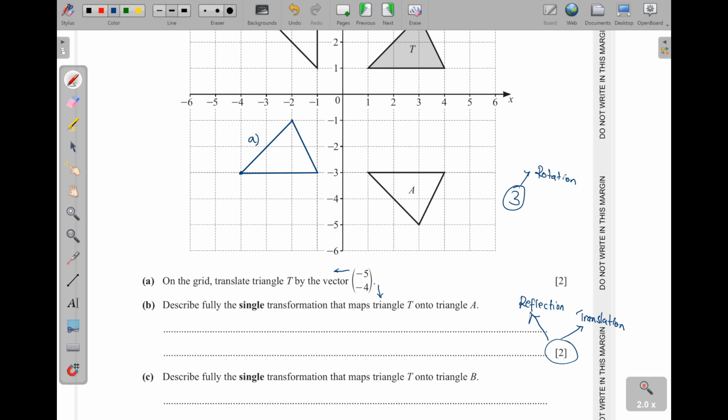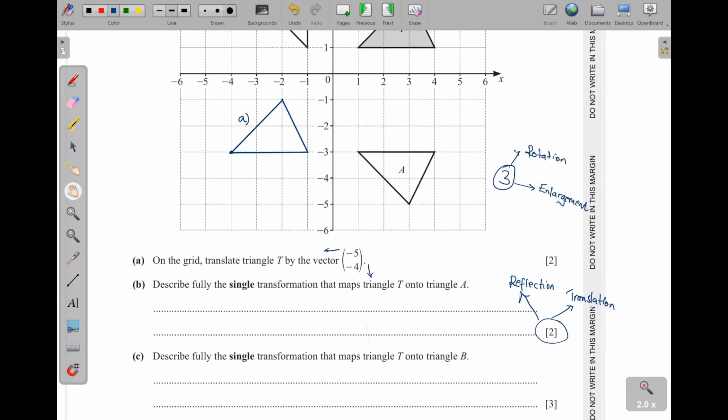Then after that, you also tell us the center of rotation, or you can also think about enlargement. Okay, enlargement, then tell us the scale factor of enlargement. Then after the scale factor, then you also tell us the center of enlargement. So those are the 3 marks.